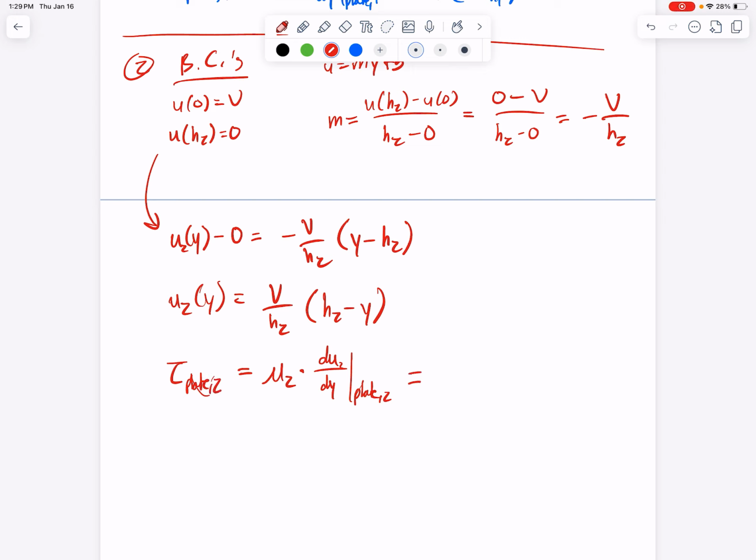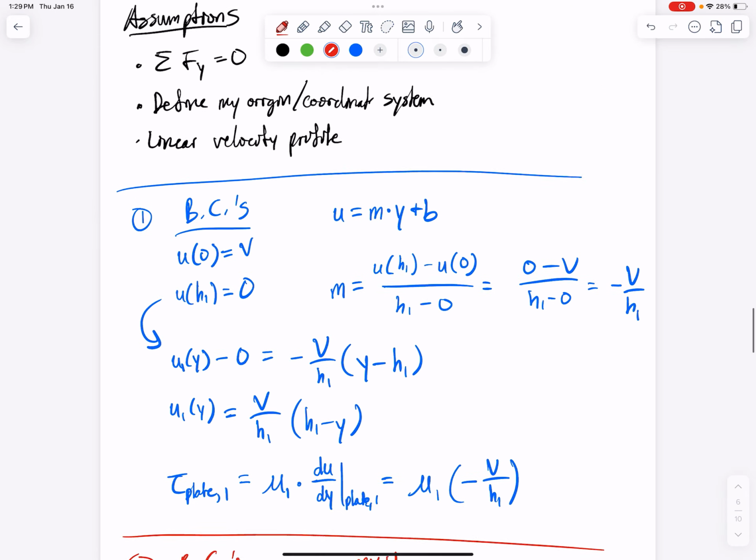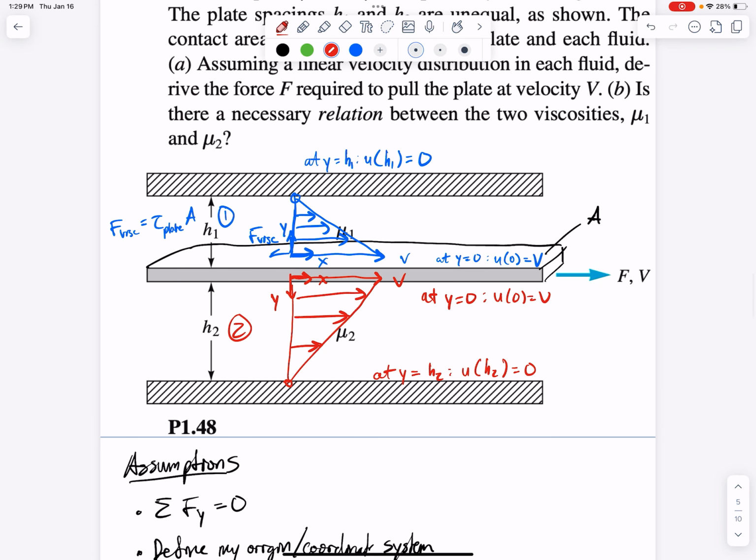And that would get me mu2 multiplied by negative v over h2. So now we have the shear stress, and this shear stress value is constant throughout the fluid region because the profile is linear. If we had parabolic flow, the shear stress would be changing throughout the fluid, but here, not so much.